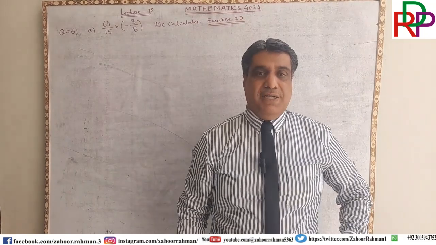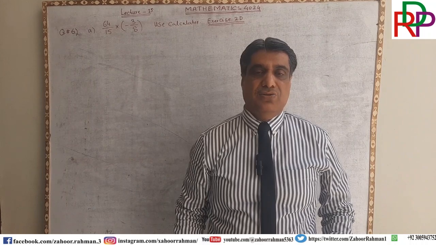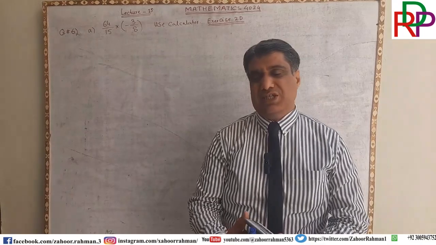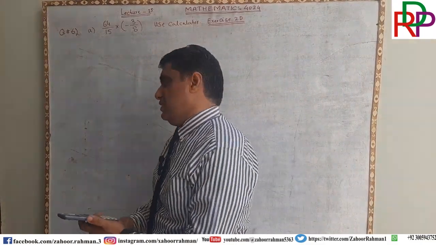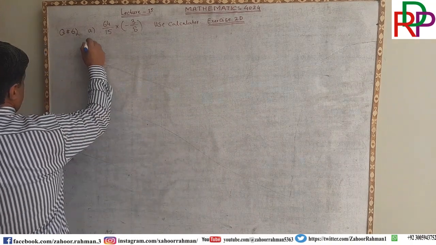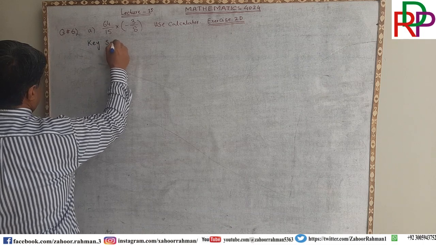Okay, ladies and gentlemen, question number 6 is again asking to use the calculator. So we have to use the calculator only for this negative symbol. Here the key sequence of calculator should be like this.